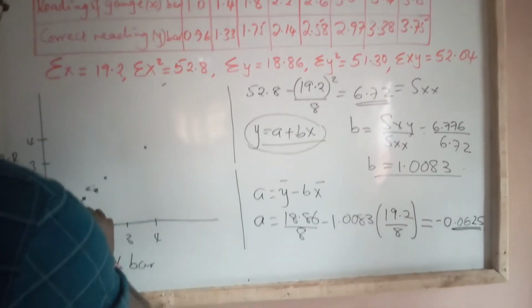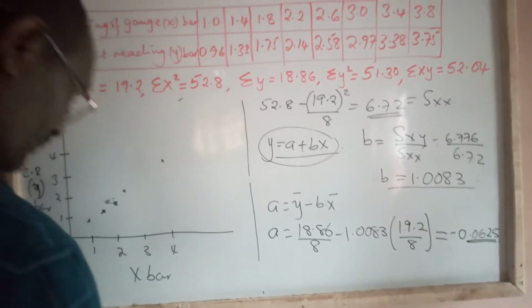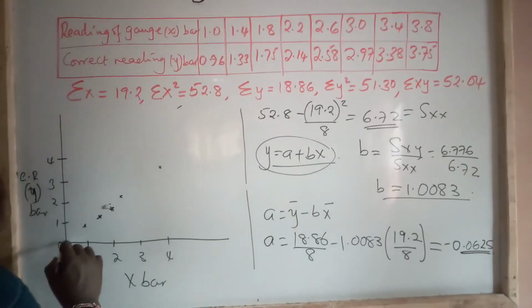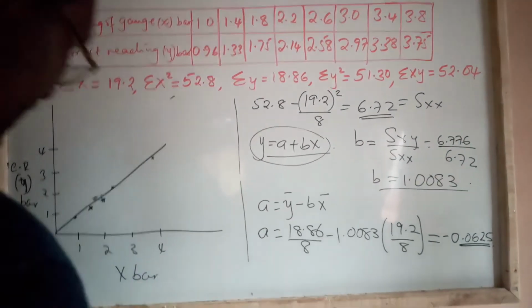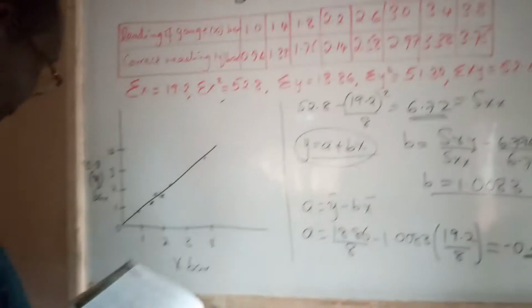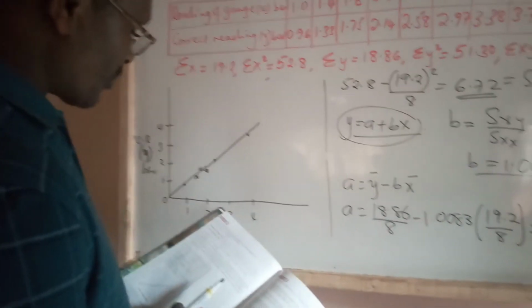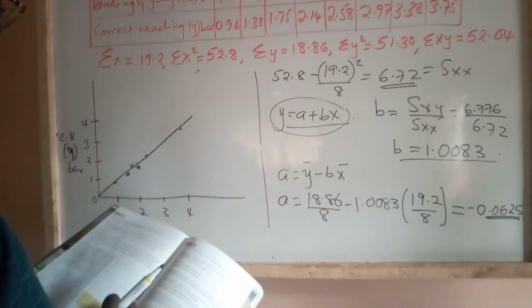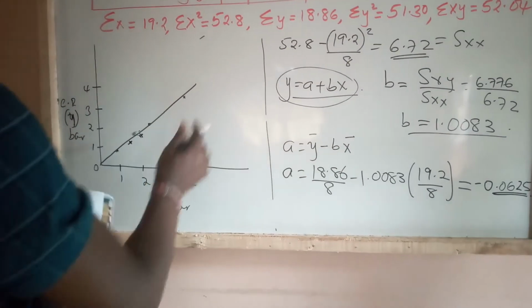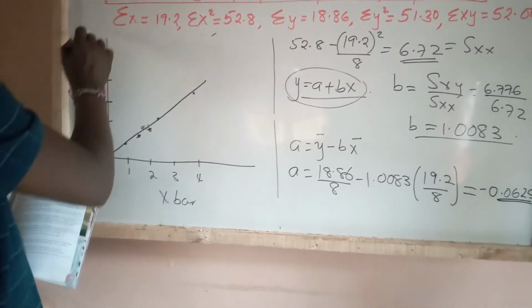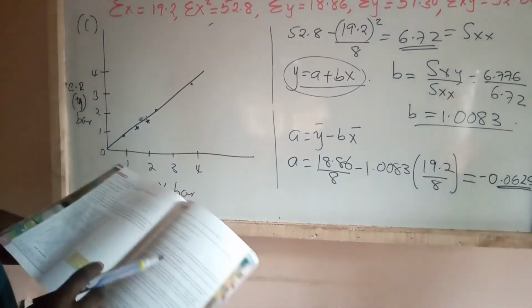You can see we have kind of a straight line graph. Having done that, we draw the regression line on the diagram. This is more or less what we are expected to do in part C.